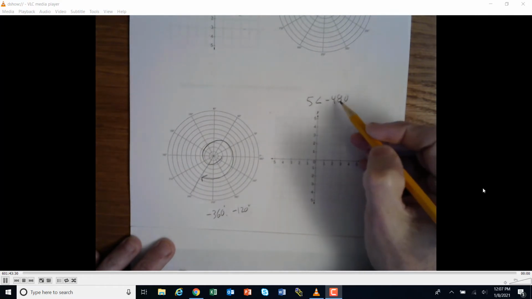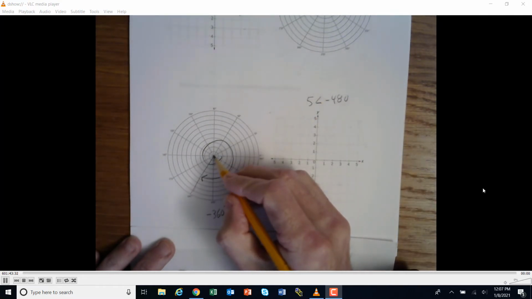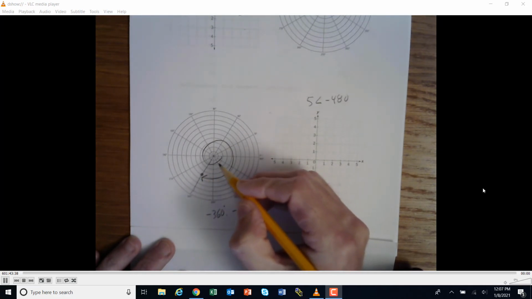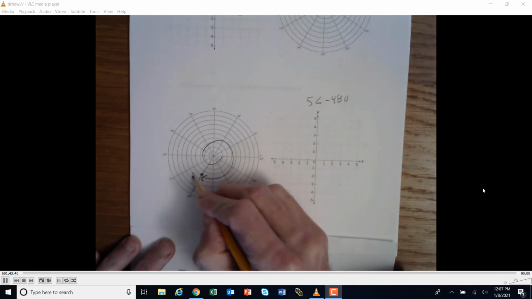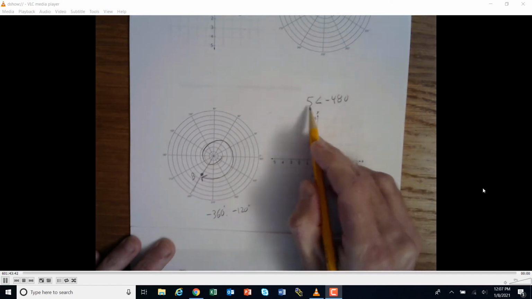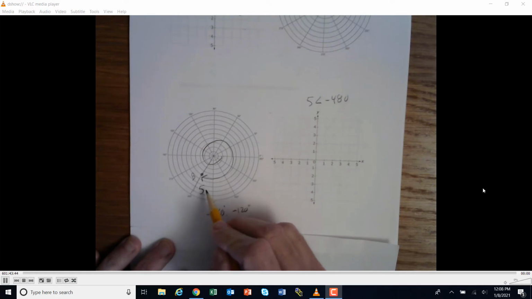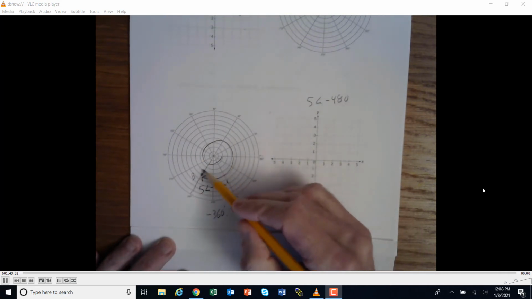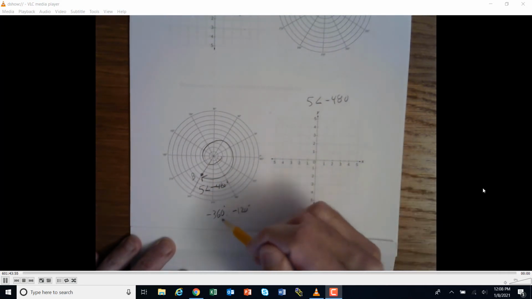And so it would be 5, so we go 1, 2, 3, 4, 5, and so that point would be right there. I think we called it point B, and so that's where 5 at an angle of negative 480 degrees is. It's right there. Be aware that we had to go all the way around the circle once and then do 120 degrees more to get to the 480.